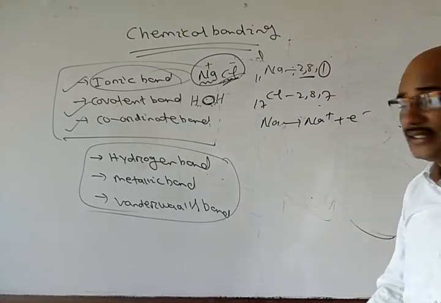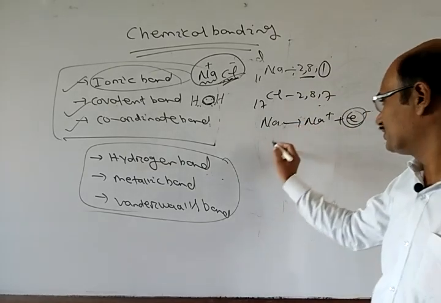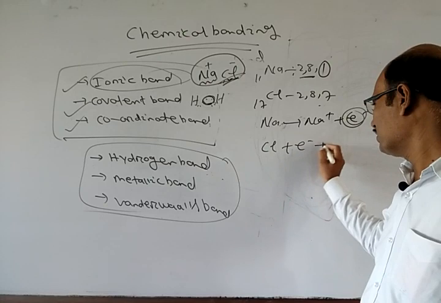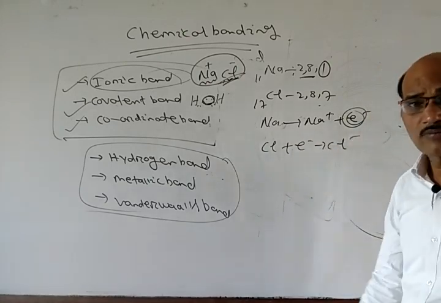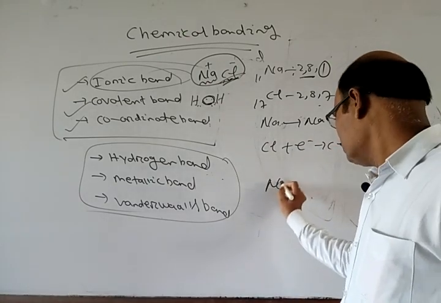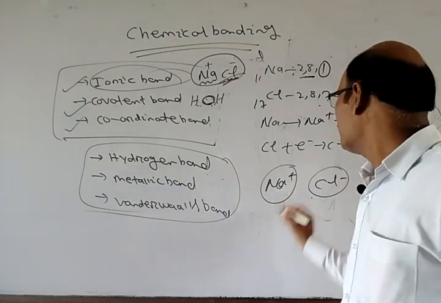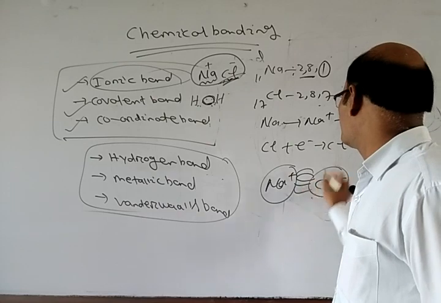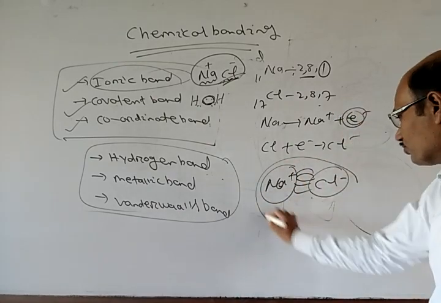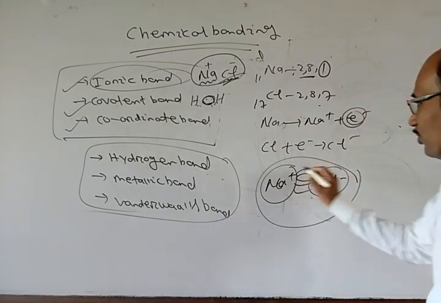Then this electron is taken by Cl, so Cl plus electron gives Cl minus. Now between Na plus and Cl minus we have a force of attraction. This is called the ionic bond, NaCl.